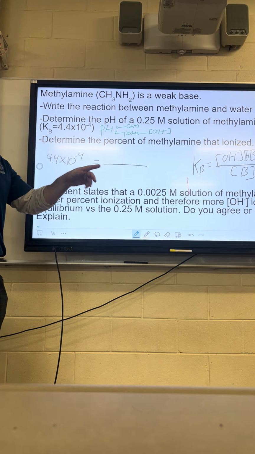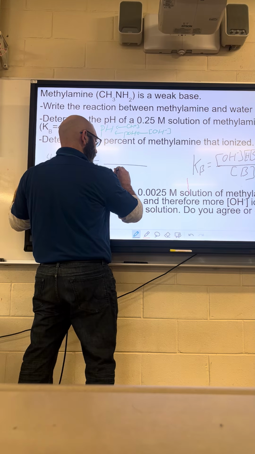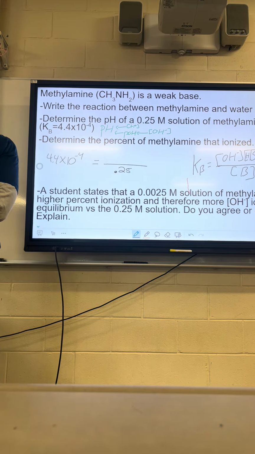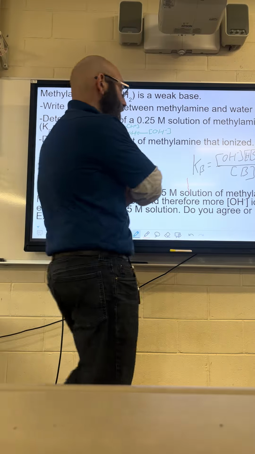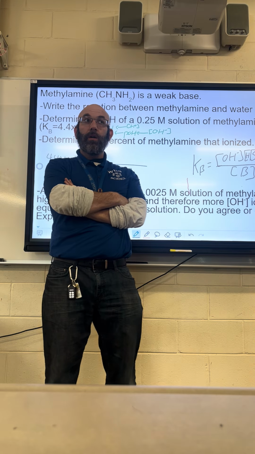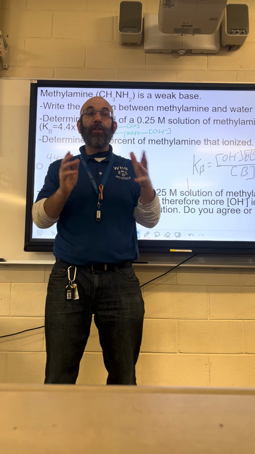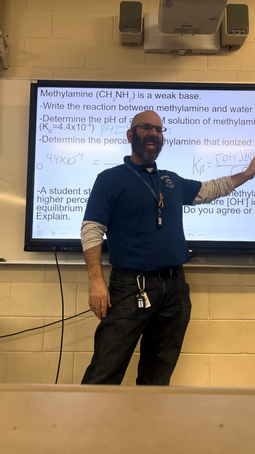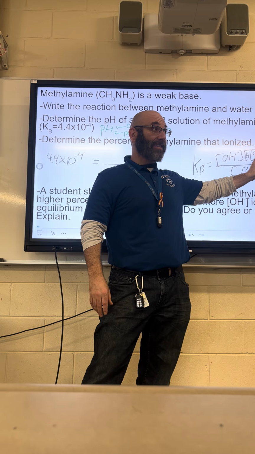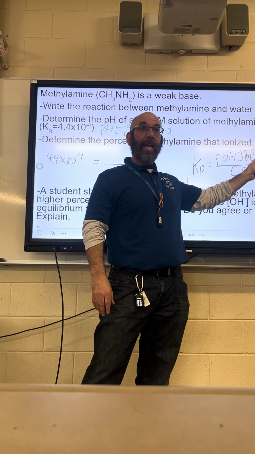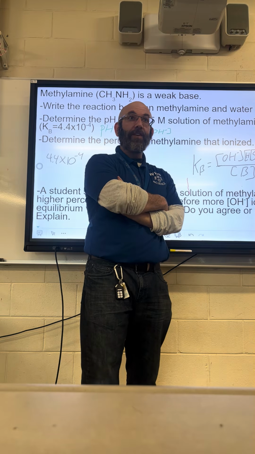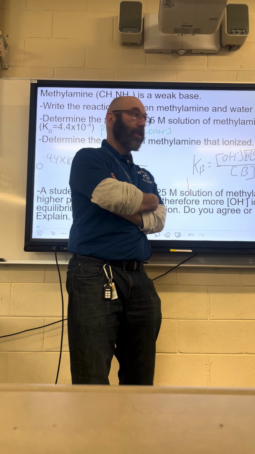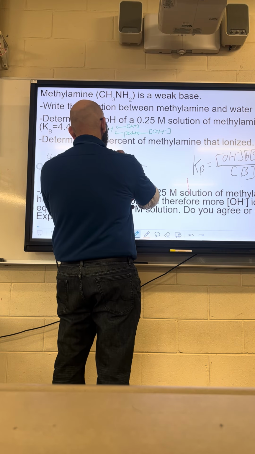It's just the base. So this bottom thing is 0.25. And when we wrote out our equation, for every one methylamine, it makes equal amounts of hydroxide and conjugate acid. So if these are both the same and we don't know them, we can give them both what algebraic letter? X, and two x's multiplied together becomes x squared.